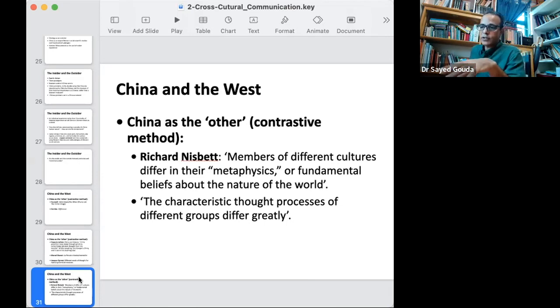Richard Nisbett, for example, doesn't agree with that. He says members of different cultures differ in their metaphysics, or fundamental belief about the nature of the world. The characteristic thought process of different groups differs greatly.